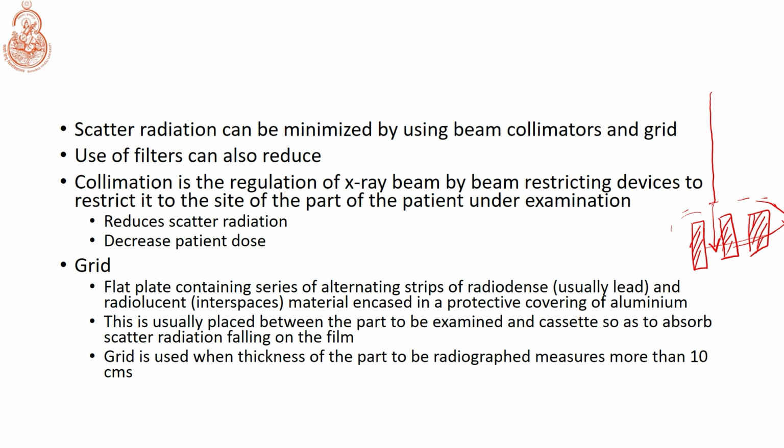Certain X-ray photons coming in different directions, or which may be scattered, will get absorbed by the radiodense strips of the grid.